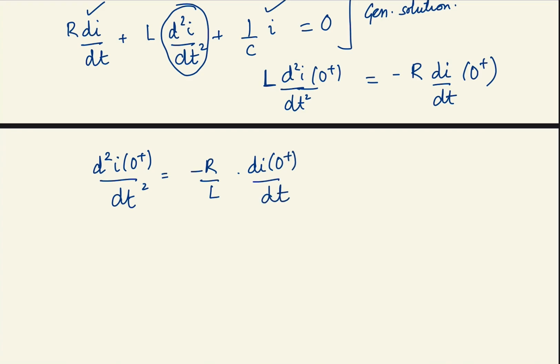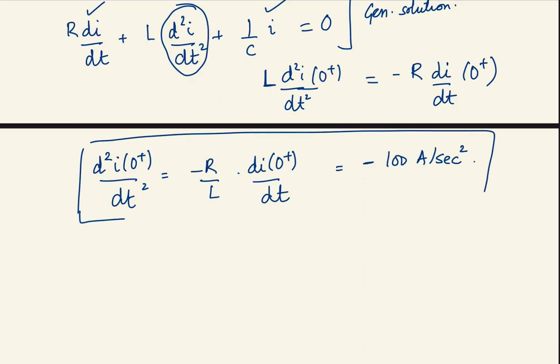If we substitute the values, this comes out to be minus 100 ampere per second square. So this is the value of the double derivative of the current. Okay, so this is one example.